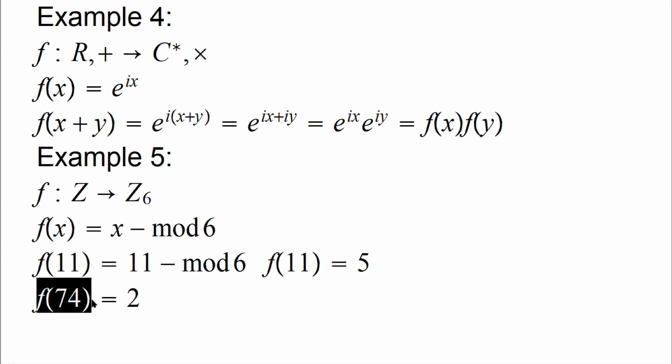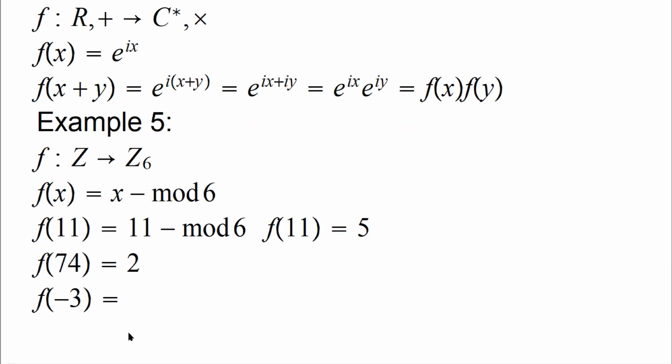And say, for that matter, say I took negative 3 here, okay? Now, if I divide negative 3 by 6, what do I need? I mean, I have to have a non-negative remainder. So how are we going to get it? Let's just recall the process.